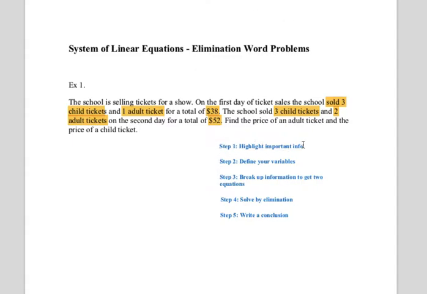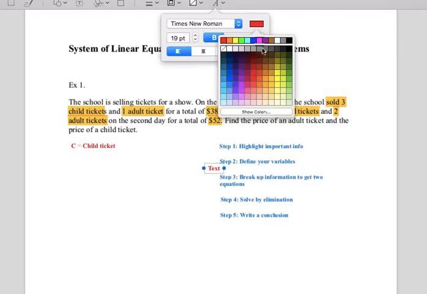So we did step 1, we highlighted our important information. Step 2 is we are going to define our variables. You can use regular letters, so you can use C as a child's ticket and A as an adult ticket, or you can use Y and X. So what I am going to do is we can do C is a child ticket and A is an adult ticket.